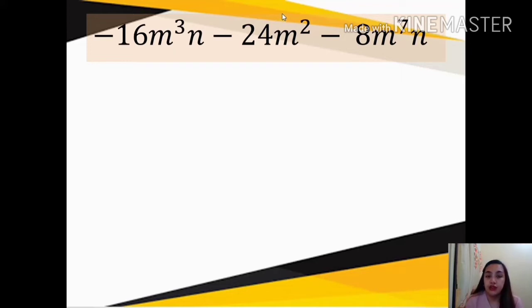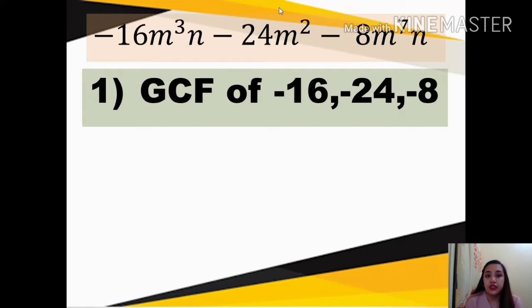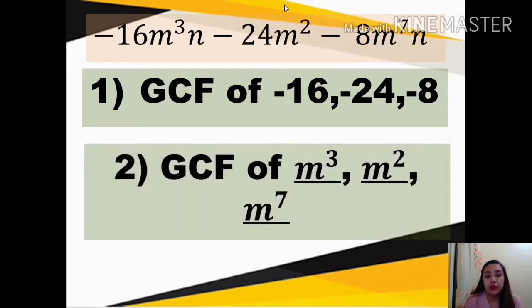So, meaning, we will get all the negative sign. So, we will find the GCF of negative 16, negative 24, and negative 8. Of course, dahil para-pares silang merong m, kukunin din natin yung GCF ng m. So, get the GCF of m cubed, m squared, and m to the 7th power.